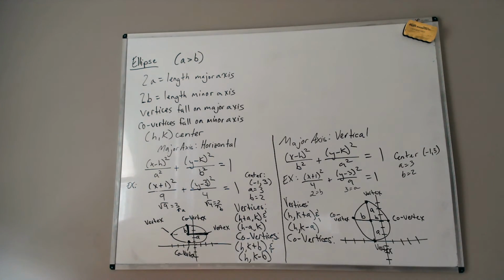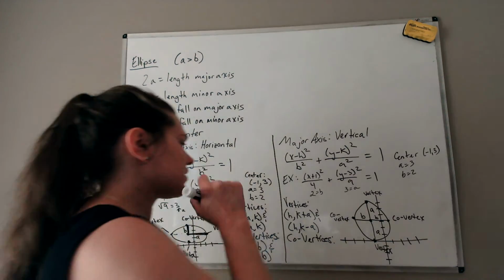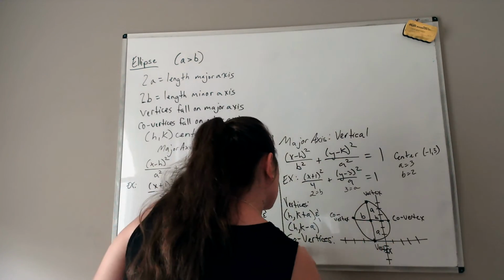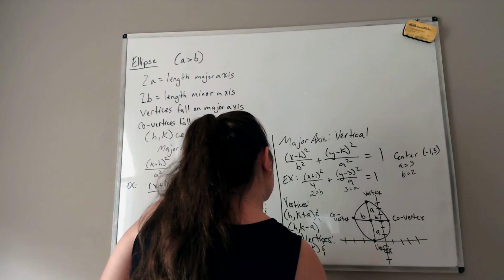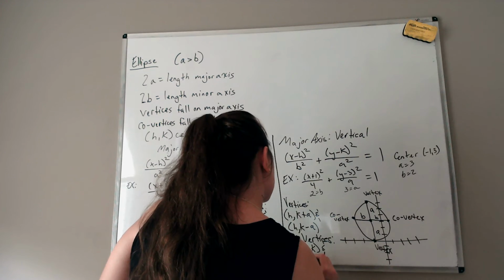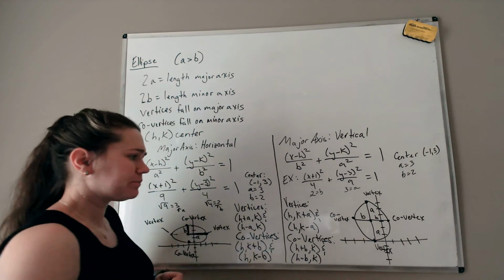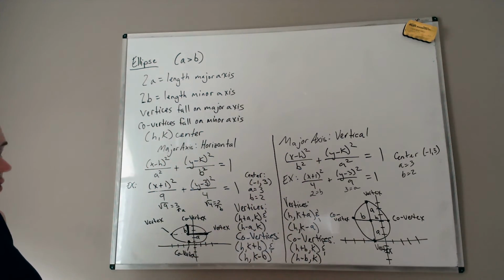So now your covertices fall left and right of your center. That's going to be h plus b, comma k, and h minus b, comma k. Those are the vertices and the covertices.